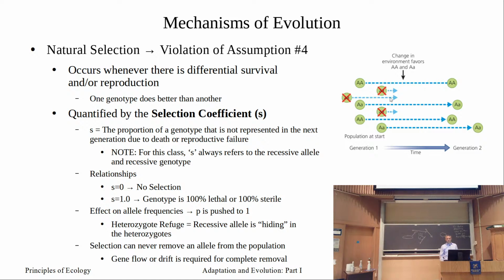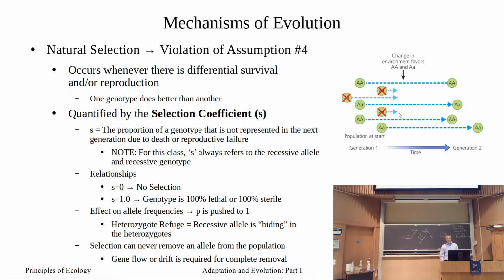This is what happens. We start with our population, all the individuals there, and let's say selection acts on this population either during reproduction or immediately before or after. Selection happens between generation 1 and generation 2, and our selection coefficient is going to tell us what proportion of these homozygous recessive individuals, these little a individuals, get dropped from our population.